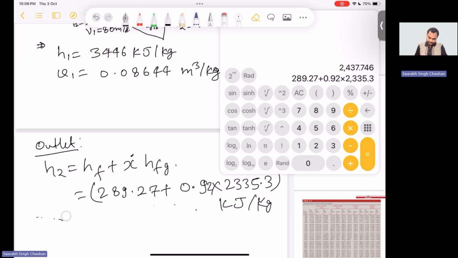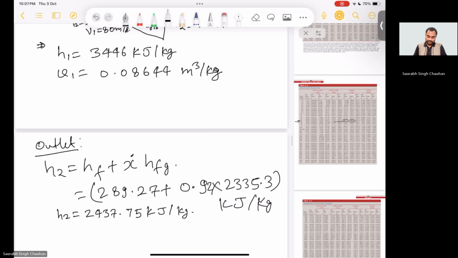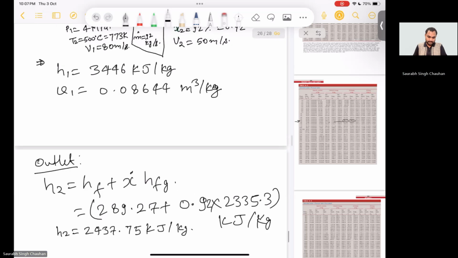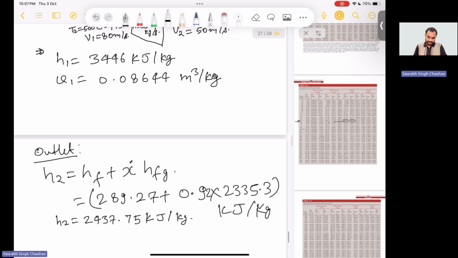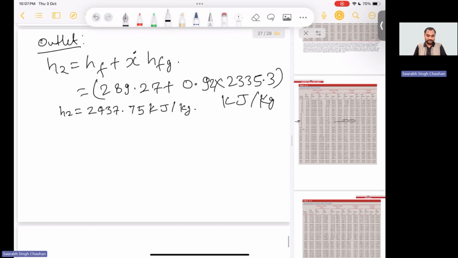So it is coming out to be 2437.75 kilojoule per kg. So we have enthalpy at outlet as well.